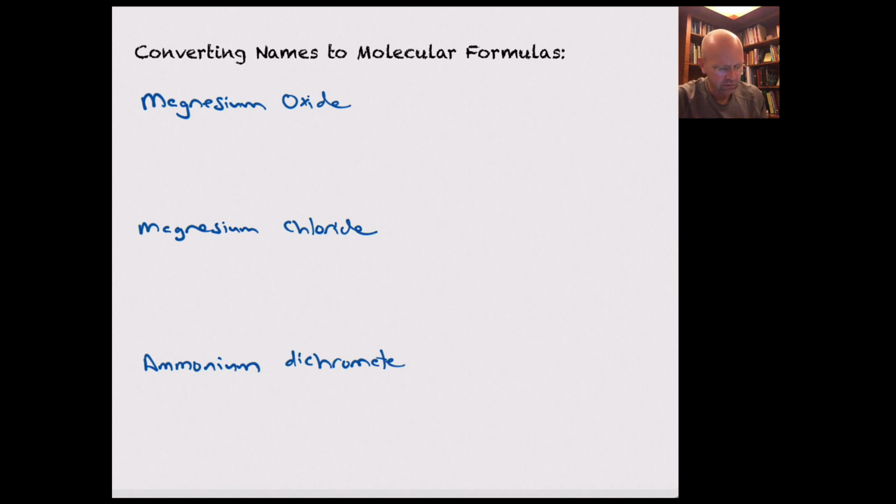This first compound is magnesium oxide, and magnesium is an alkaline earth metal, so we know that it's a cation and it's going to have a +2 charge. Oxide is the anion derived from oxygen, and it almost always has a -2 charge. And so this compound, magnesium oxide, is just MgO.